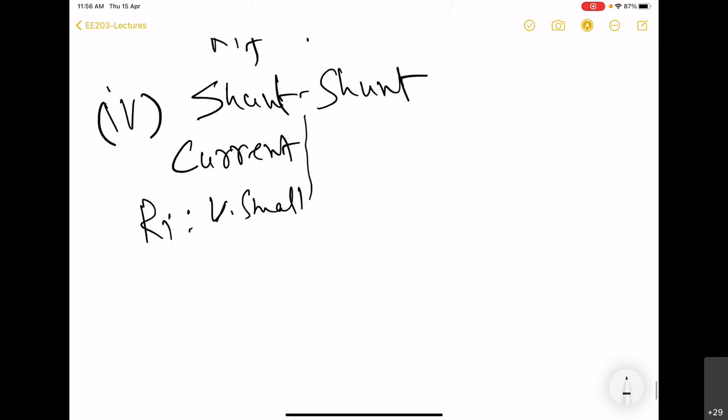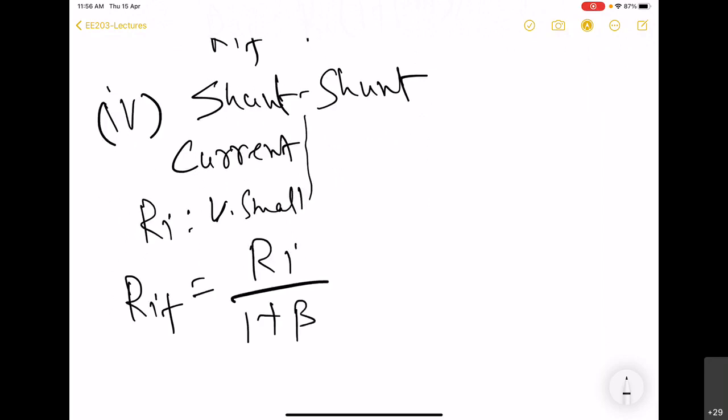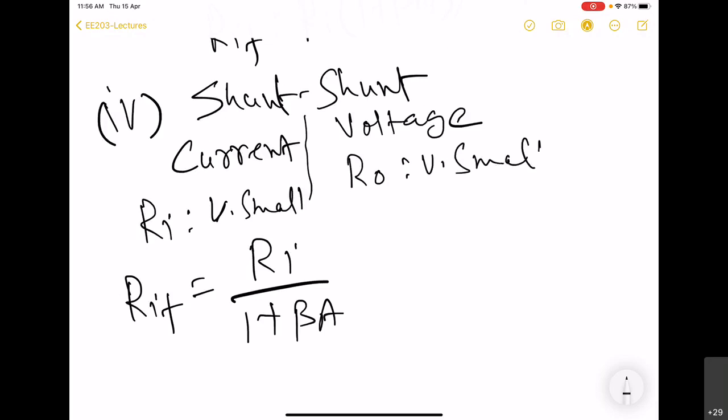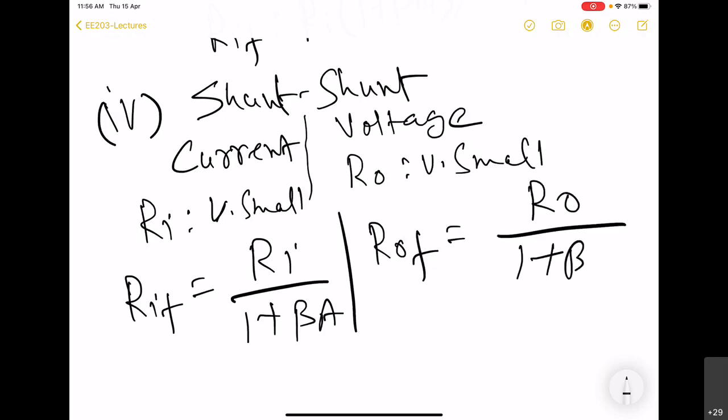That means the overall impedance should now become even smaller. So in this case, the overall impedance will be like this. On the output side, we have shunt connection. That means we have voltage as the output of the amplifier. That means RO must be very small. That means the modified impedance should be even smaller.